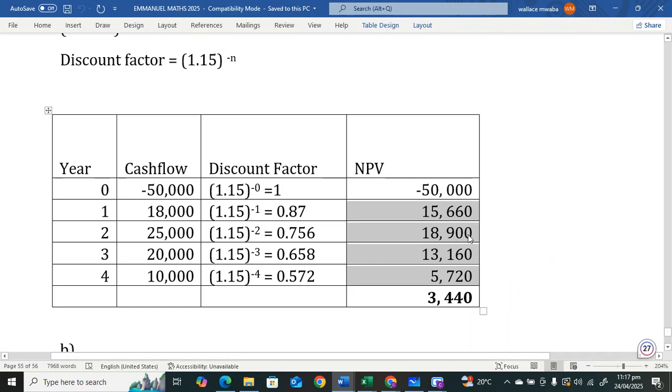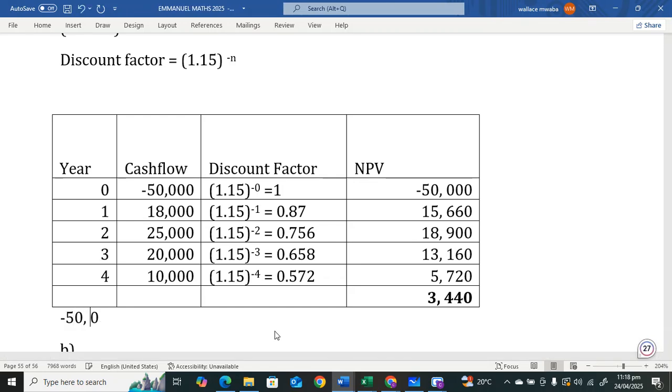The other way you can do it, like with this table, just add these present values. You say negative 50,000 plus 15,660 plus 18,900 plus 13,160 plus 5,720.